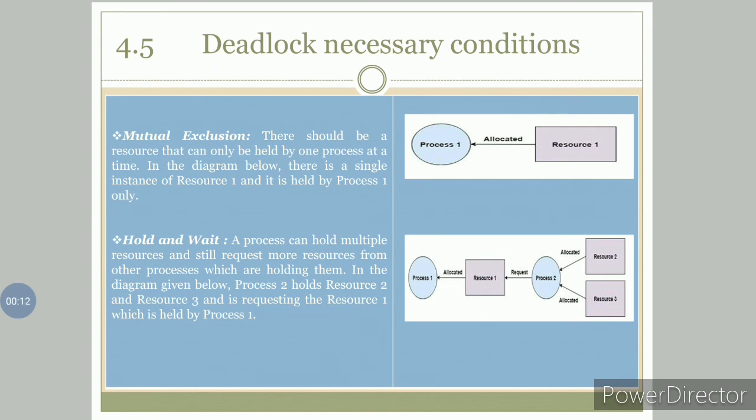But at a point of time there is no spoon. Now you will hold the plate which is available, because if you don't, others may grab that plate. So in this story, even though you are not eating, you are holding the plate. This is exactly what the hold and wait condition is.